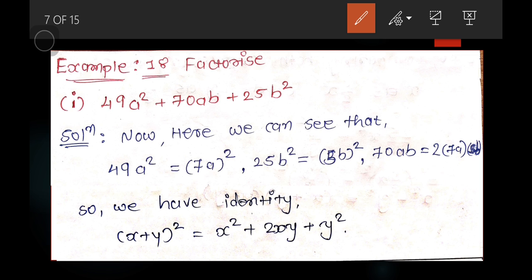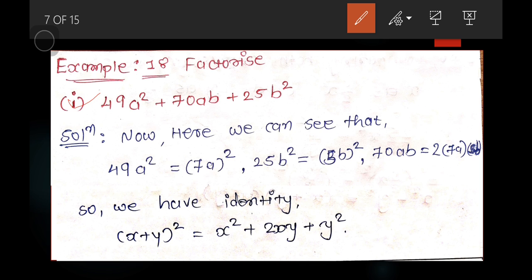The first example is 49a square plus 70ab plus 25b square. We can also factorize the given polynomial by using factorization of a quadratic polynomial, but with the help of algebraic identities we can also solve it.